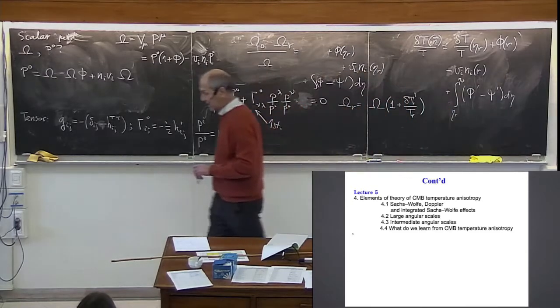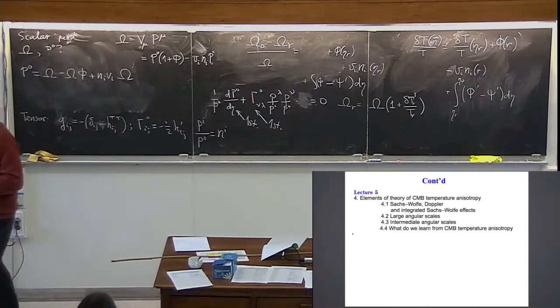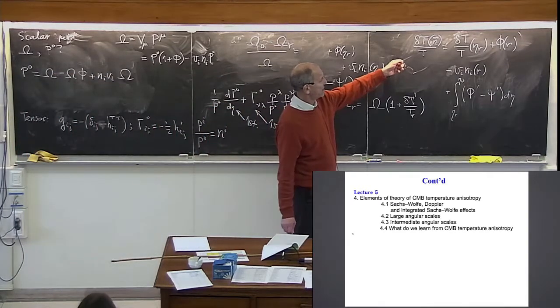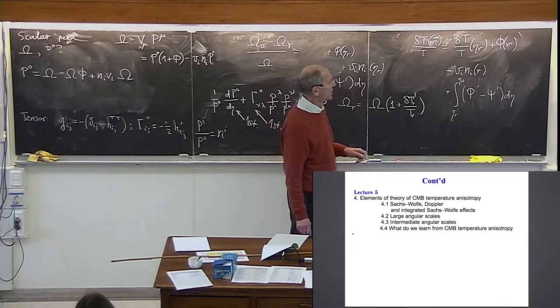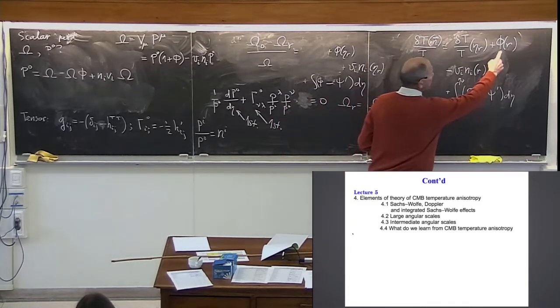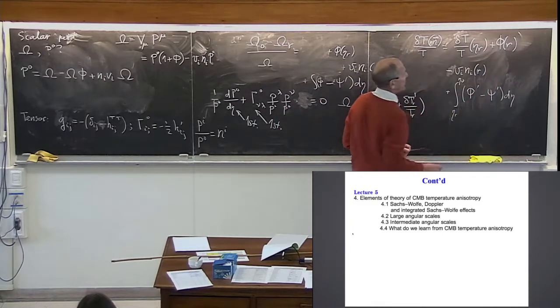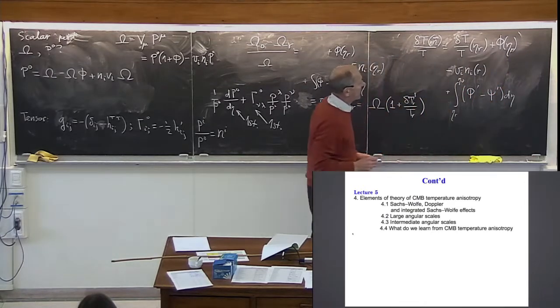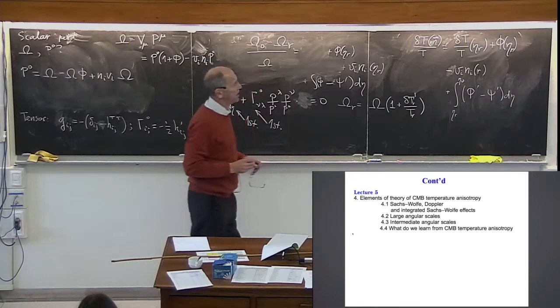That's basically the formula that relates the temperature fluctuation we measure today, here on the left-hand side, with the gravitational potential at recombination, with the temperature perturbation at recombination.